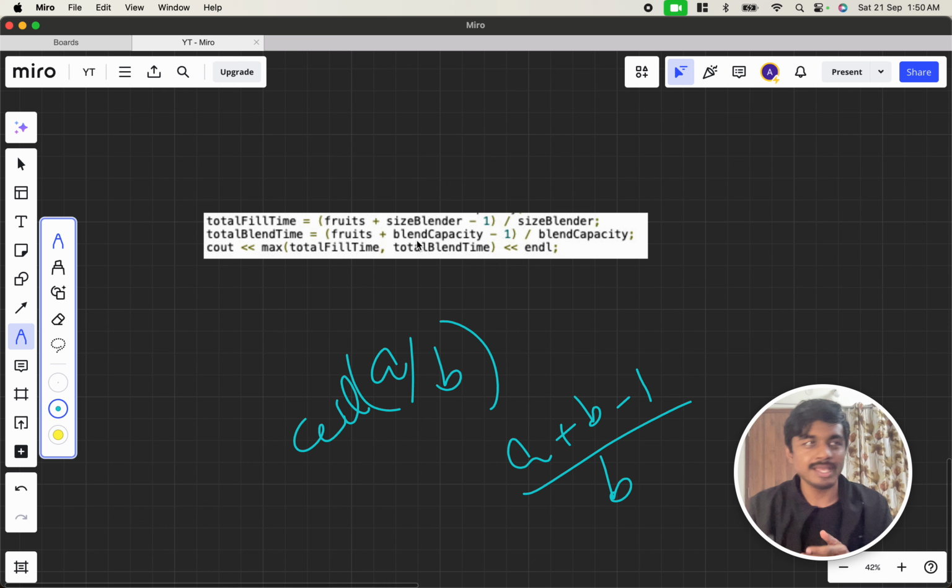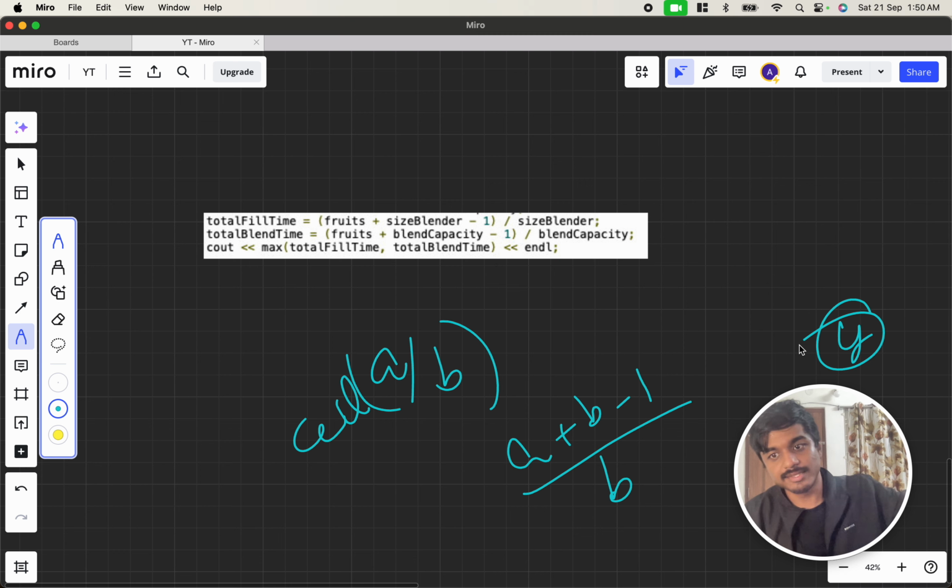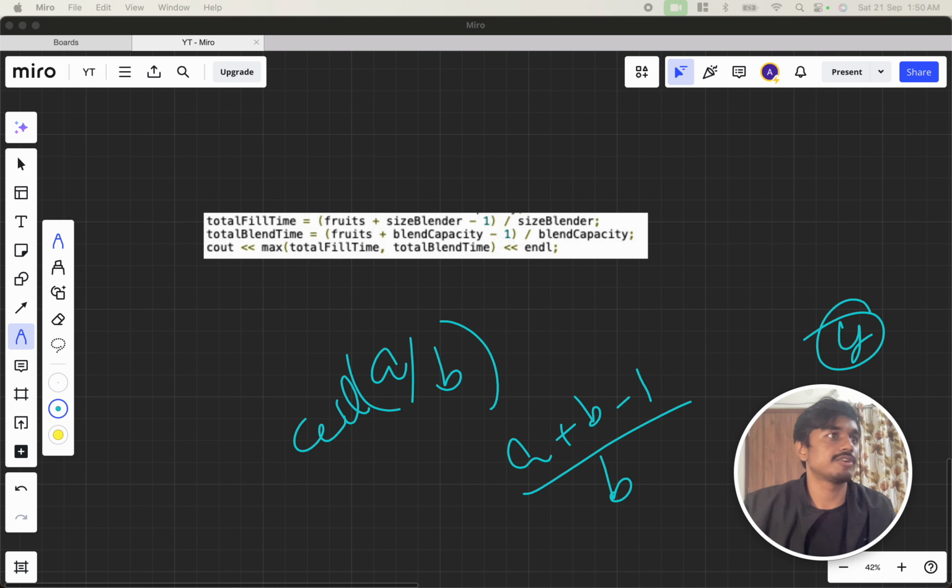Size of blender in the sense it is just the y value. In this case it is the number of fruits Zhan can put in 1 second. So that is what I meant by size of blender. Full filling time is this, full blending time, each time how many fruits plus the capacity of the blender minus 1 divided by blender capacity, ceil of this, and we take the maximum and we get the solution for it. So we see that this is the problem.